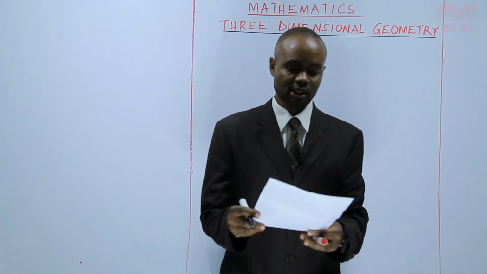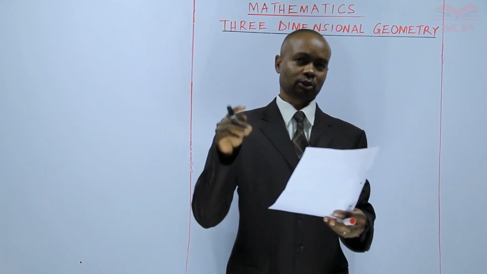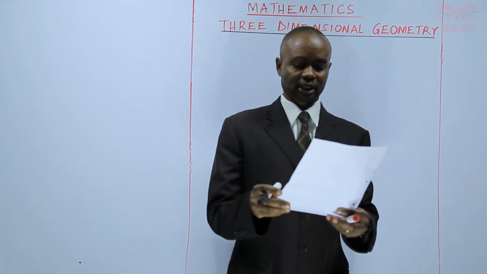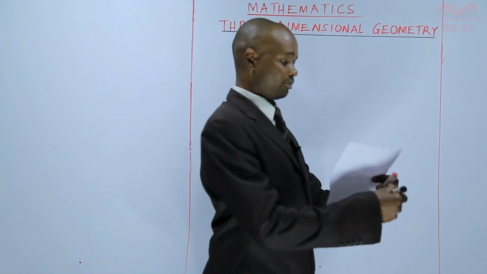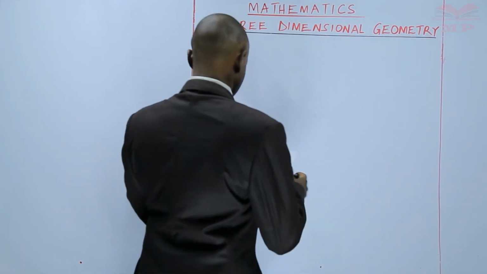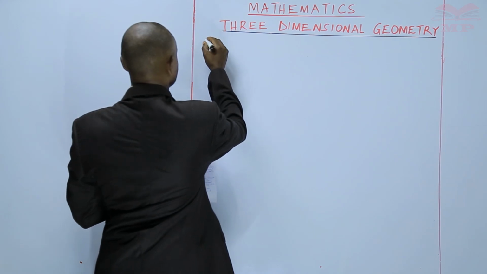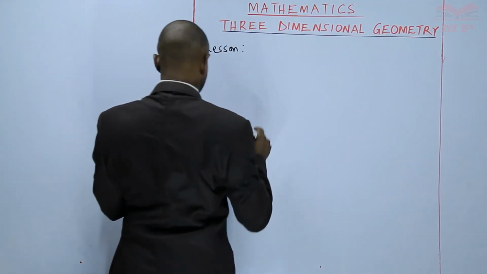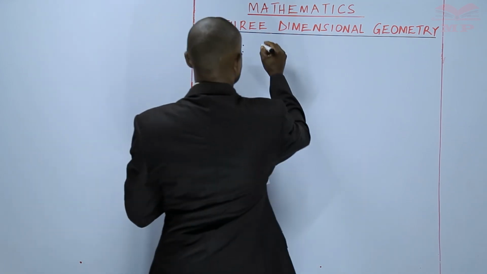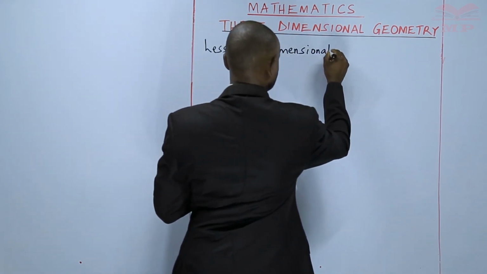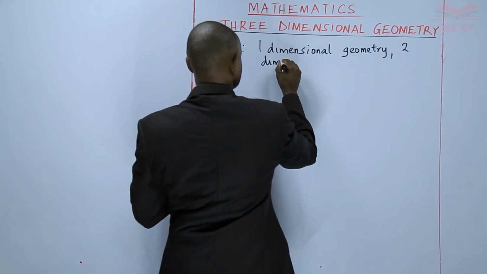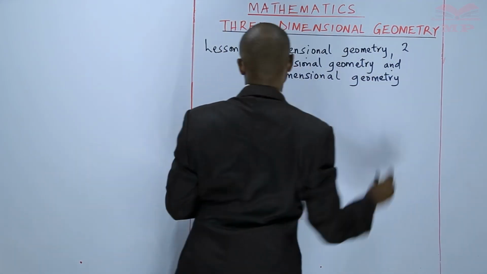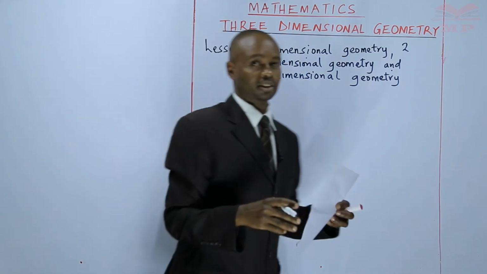But in our today's lesson, we shall only identify what could be the meaning of one-dimensional geometry, two-dimensional geometry, and three-dimensional geometry. So each lesson should have an objective.